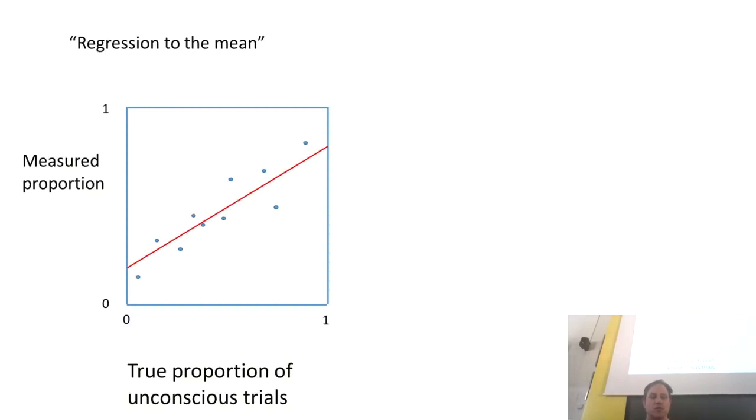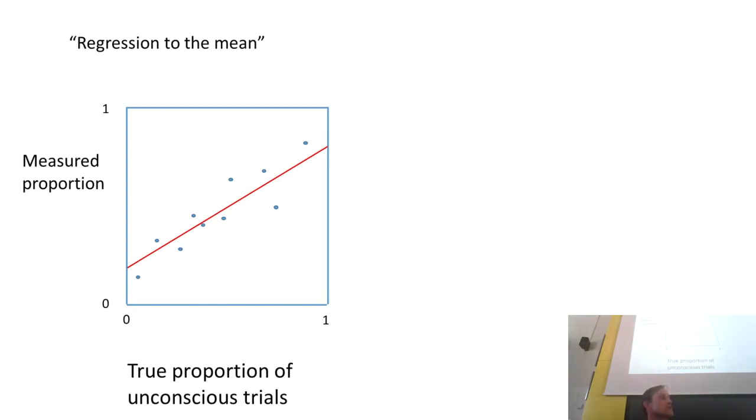If you plot the true proportion of unconscious trials against the measured proportion, the line doesn't go from 0 to 1. It doesn't have a slope of 1, in other words. The line is tilted. So when the true proportion of unconscious trials is actually 1, you're measuring some conscious trials. And when the true proportion of unconscious trials is 0, you're measuring some unconscious trials.